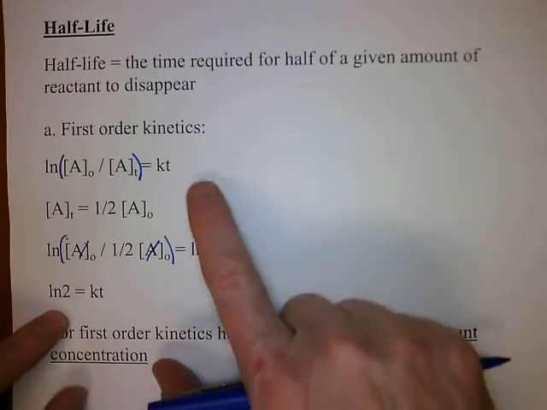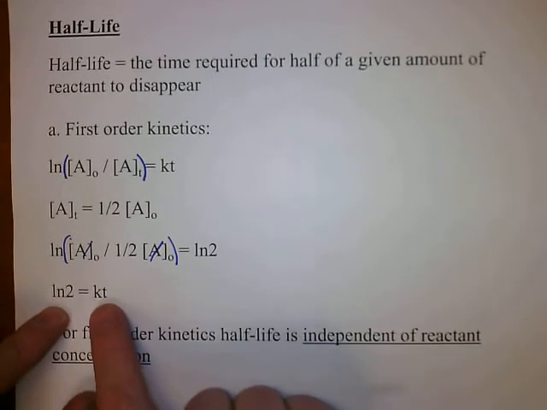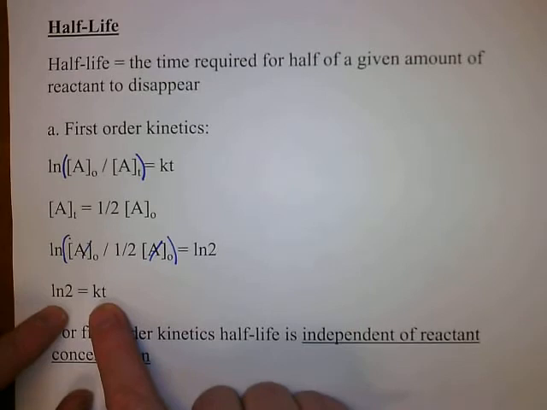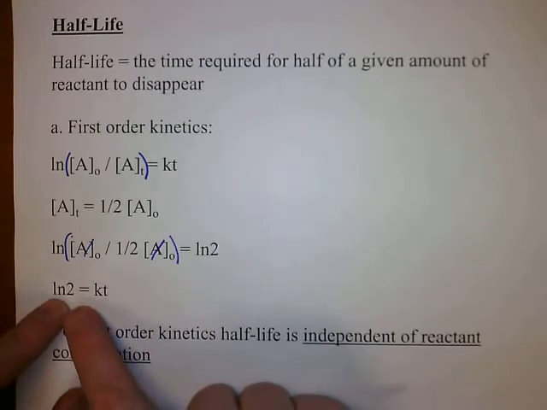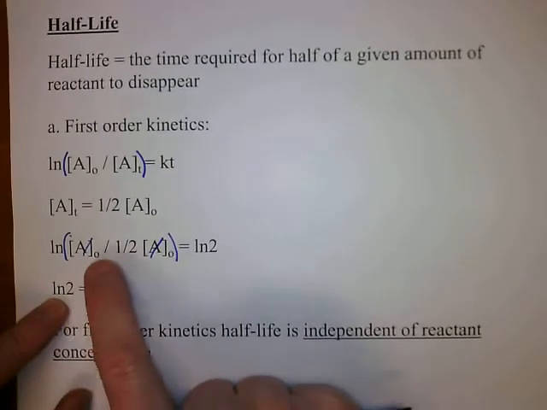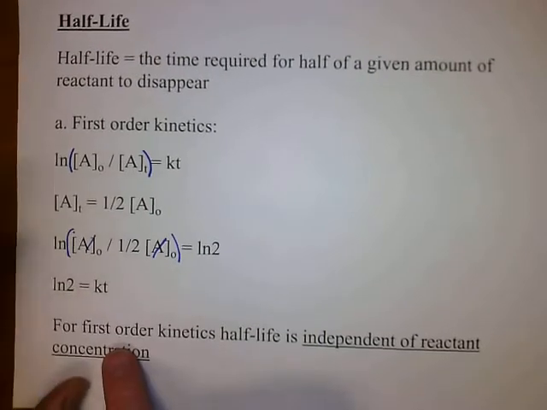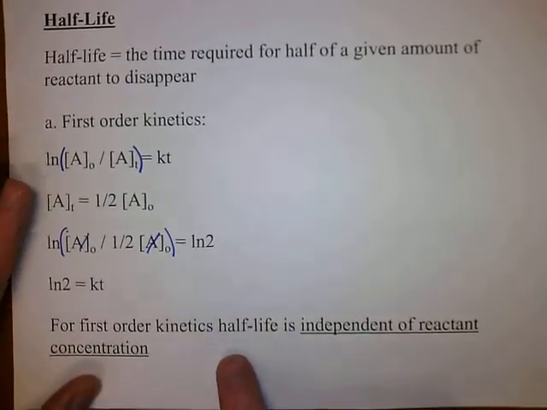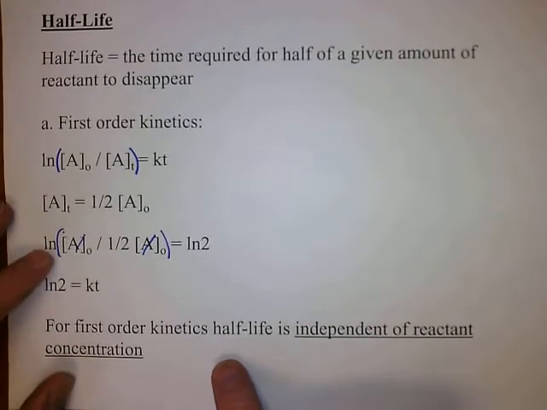Okay, so this comes down to ln2 is equal to KT. Now, this is very important. I don't see the concentration in there anywhere. The concentration canceled out. Okay, so for first order kinetics, the half-life is independent of reactant concentration.